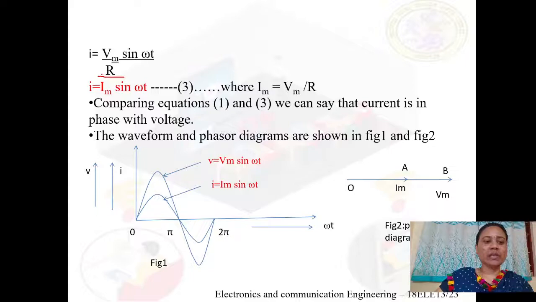Let us take this Vm by R part as Im, the maximum value of current. So here Vm by R can be expressed as Im. Therefore, I becomes Im sin omega t.